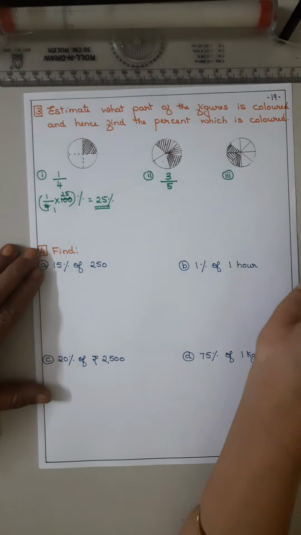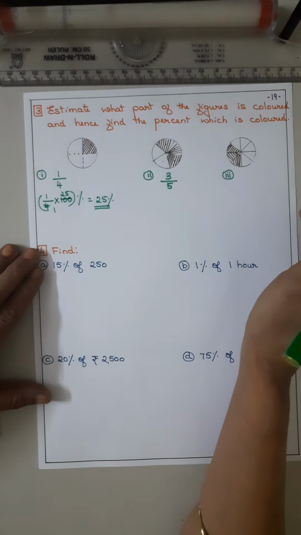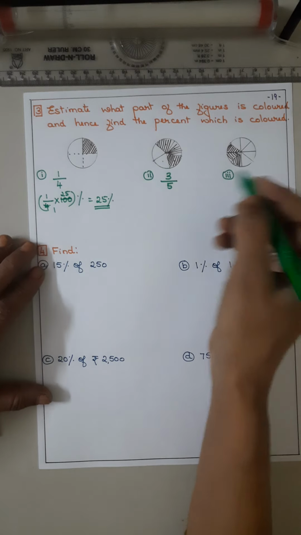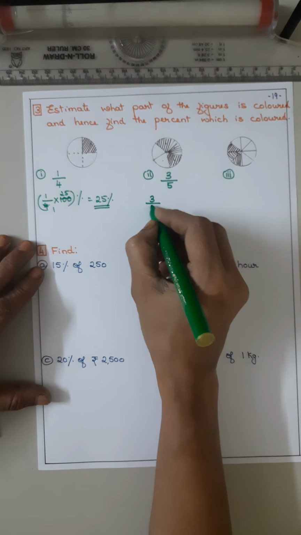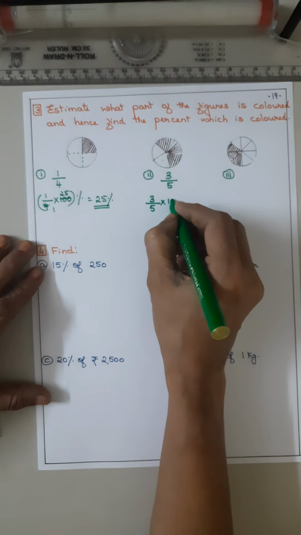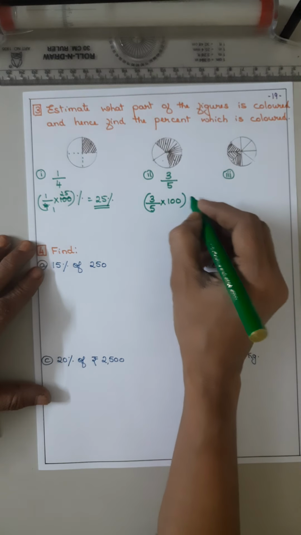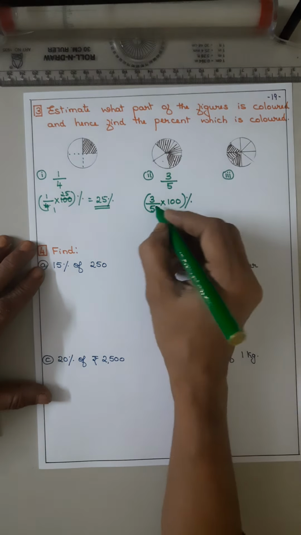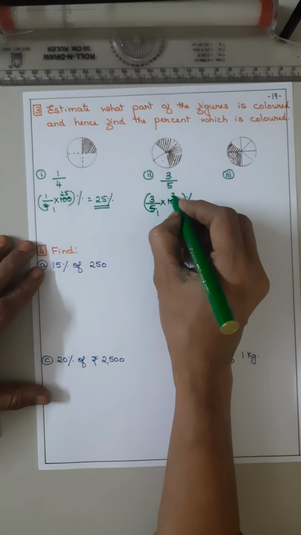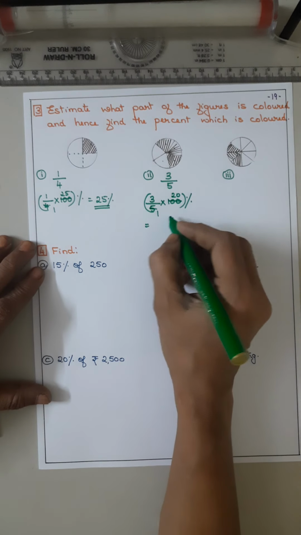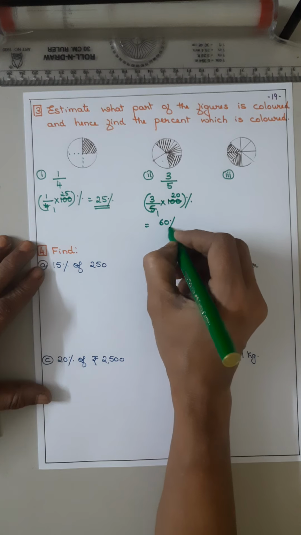Total 5 parts are there. Out of that, 3 parts are colored. So now convert this into percent. For that, multiply by 100. 5 ones are 5, 20s are 100, 3 20s are 60%.